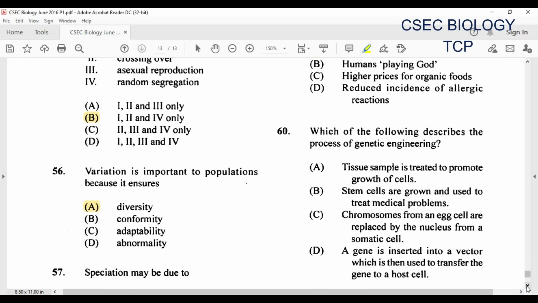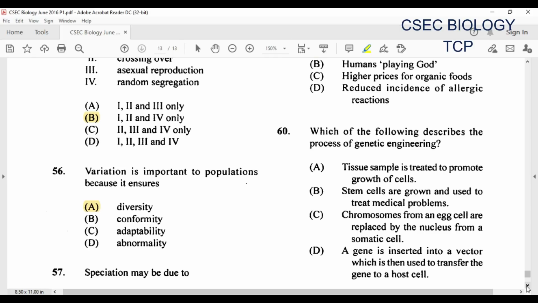All right, 60. Which of the following describes the process of genetic engineering? The process of genetic engineering, I've seen the paper end with a genetic question ever so often. Tissue sample is treated to promote growth of cells. Stem cells are grown and used to treat medical problems.